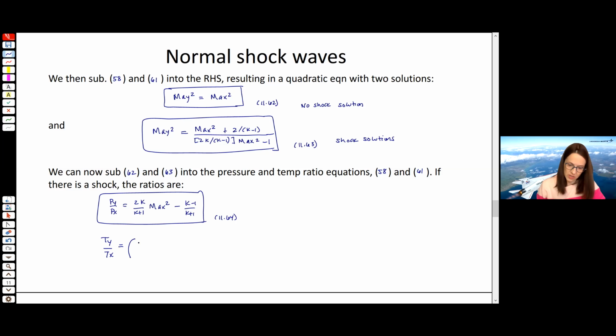We've got three factors here: 1 plus k minus 1 over 2 times Max squared, then 2k over k minus 1 times Max squared minus 1, and then finally k plus 1 in the denominator squared times Max squared. Okay, so boxing this one as well.